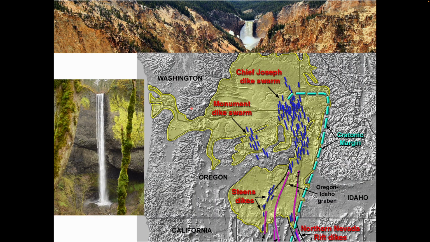The Columbia River basalt group started erupting about 17.5 million years ago down here, all the way in southeast Oregon around the Steens Mountains area, where there is a dike swarm, a large concentration of these planar igneous intrusions. Remember, a dike is a planar igneous intrusion that feeds fissure volcanoes.